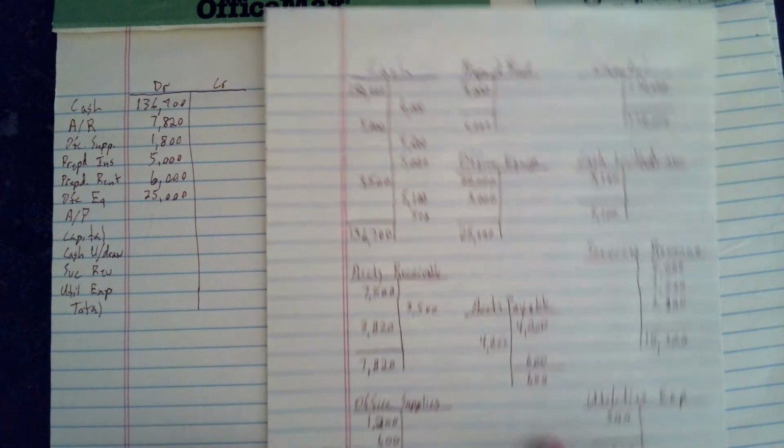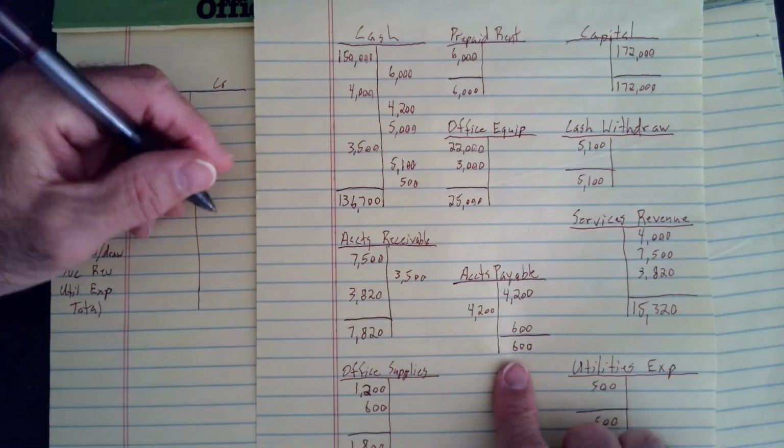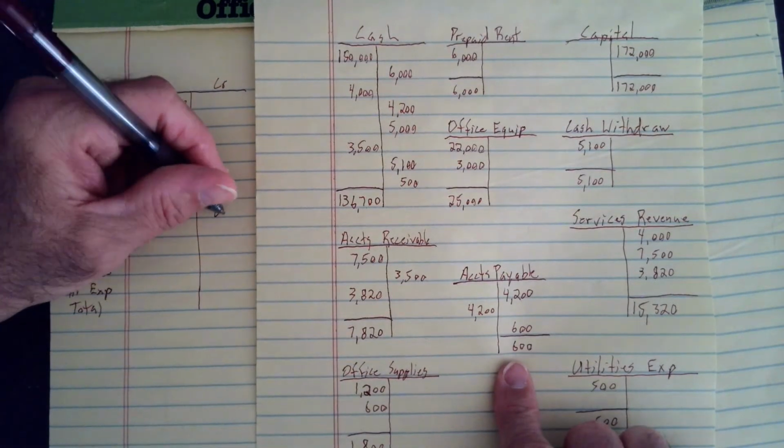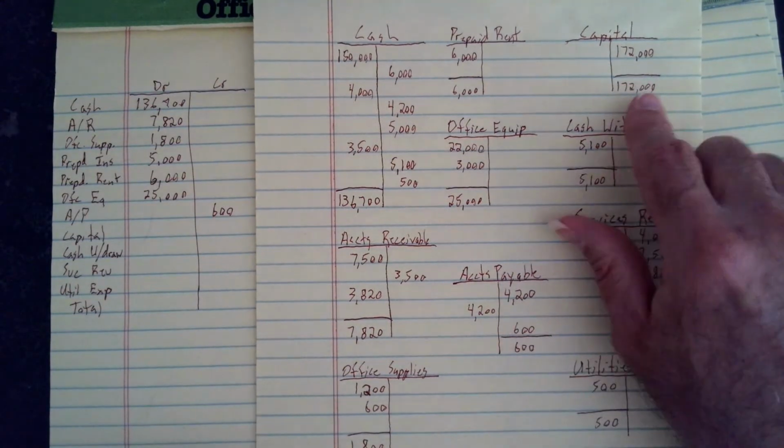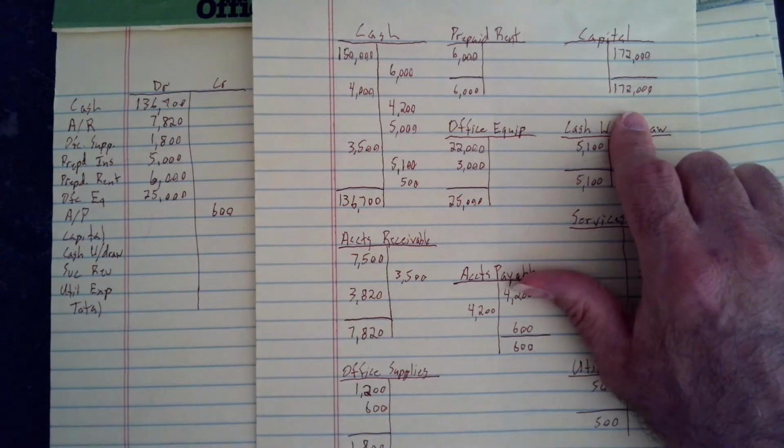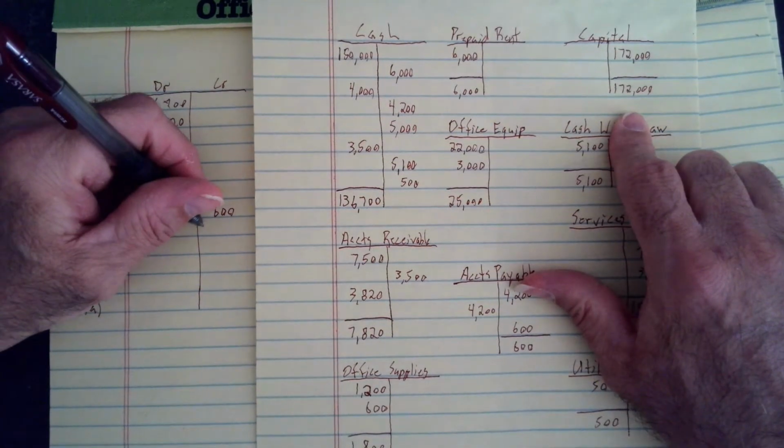My total for accounts payable, credit $600. My total for capital, credit $172,000.